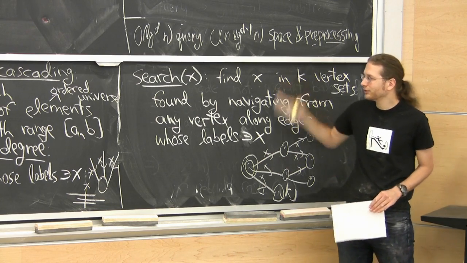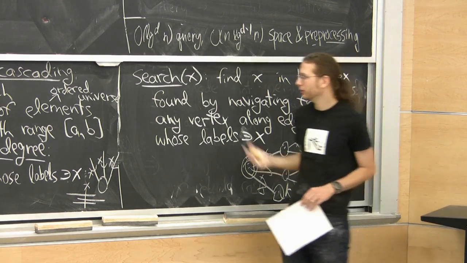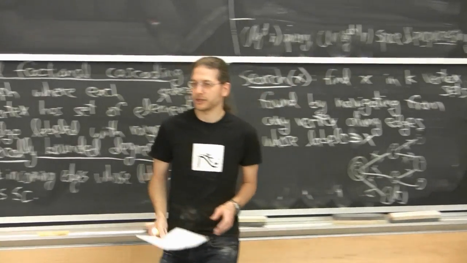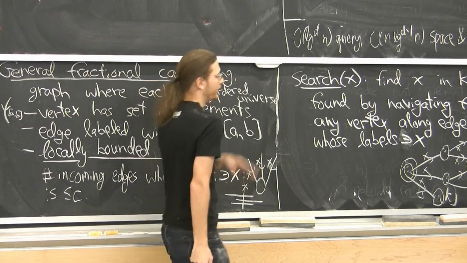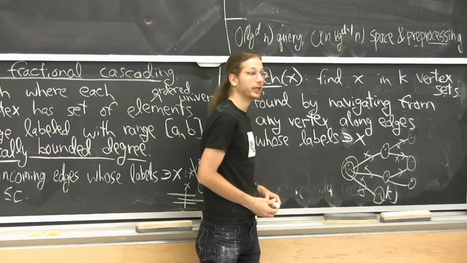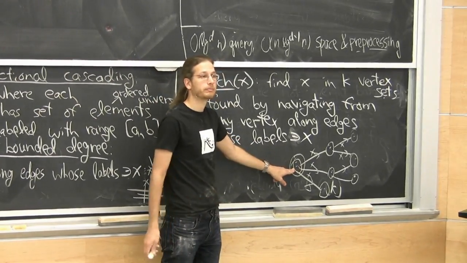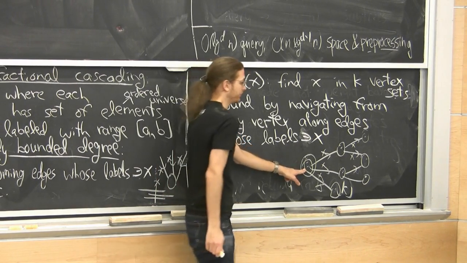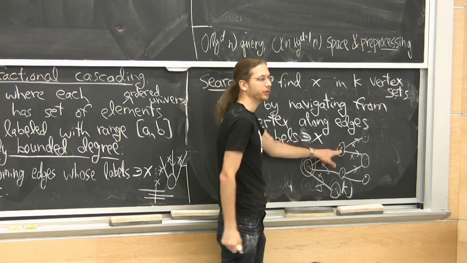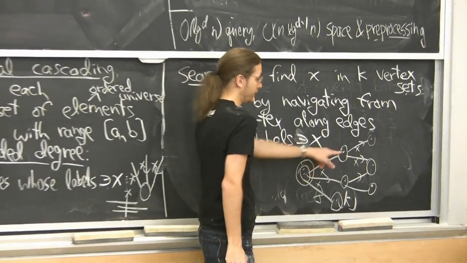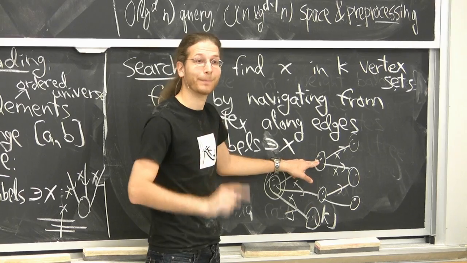So imagine this is like an interaction between two parties. The input basically says, look, I'm searching for x, and I'm going to start at this node. And then the fractional cascading data structure says, OK, here's where x is in that node. Tells you immediately. Then it says, OK, I'd like to follow this edge and go to this node. And fractional cascading says, OK, here's where x is in this node, in constant time.